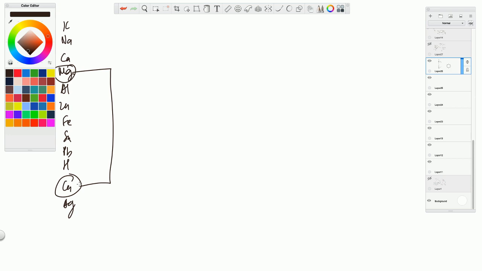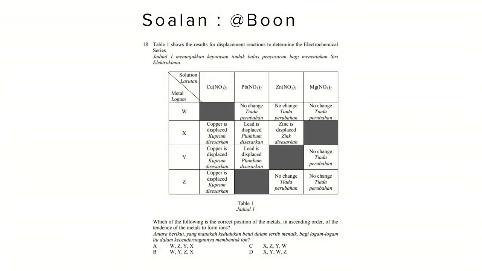Alright, next question please. Oh. Table 1 shows the results of displacement reaction to determine the electrochemical series. Okay? So, arrange in ascending order the tendency of the metals to form ions. Okay, to form ions means the most reactive.